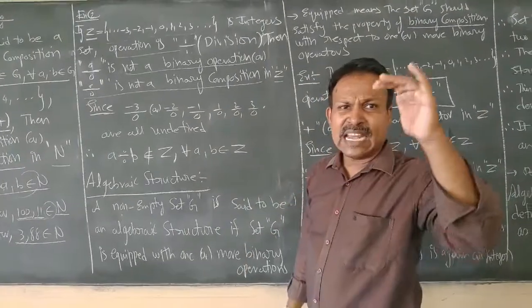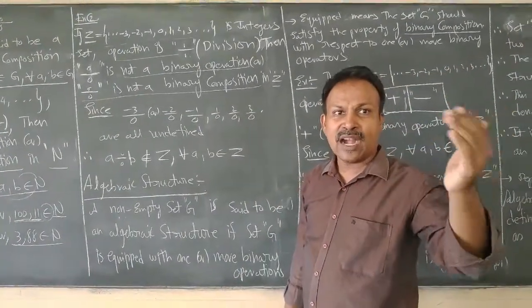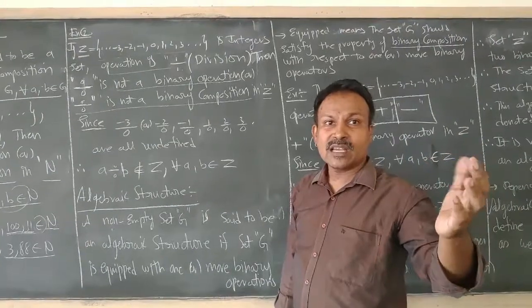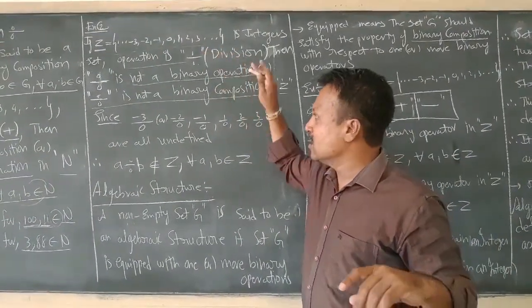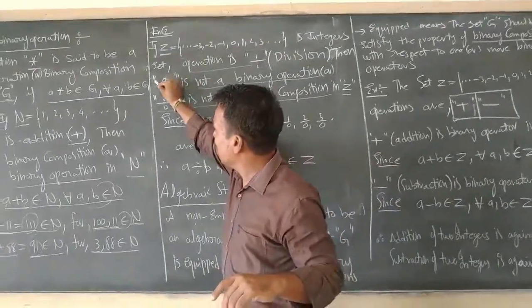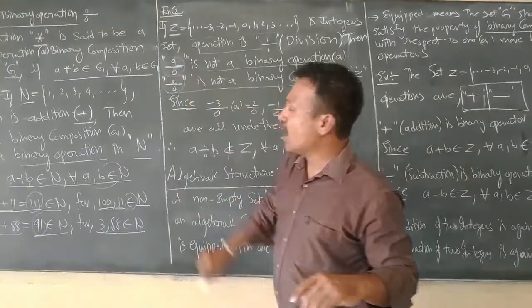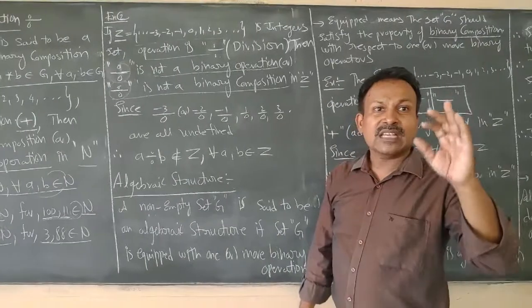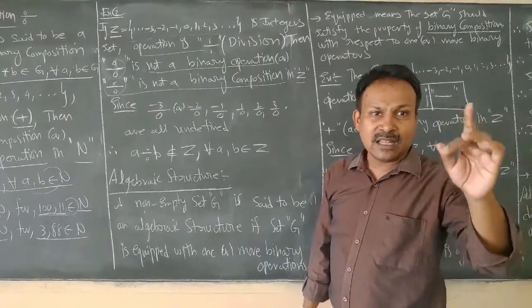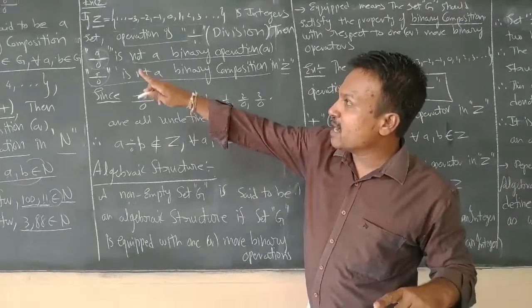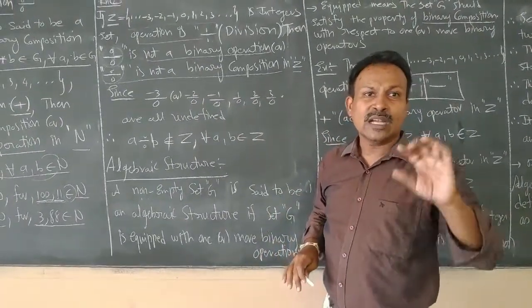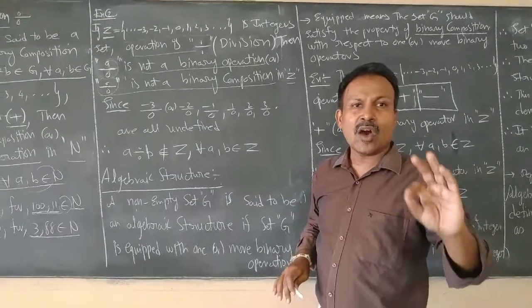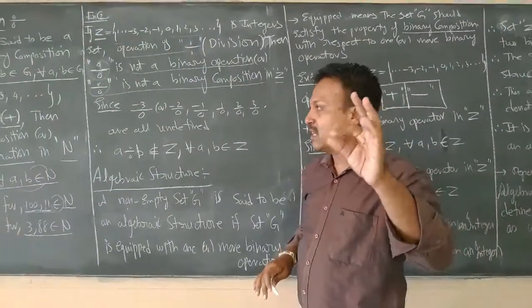That is, any integer divided by 0 is undefined. Undefined means a value which is unknown, and that value is not within the set of integers. Therefore, this operator division does not satisfy the basic definition of binary operation. Therefore, we conclude that division is not a binary operation in the set of integers Z.